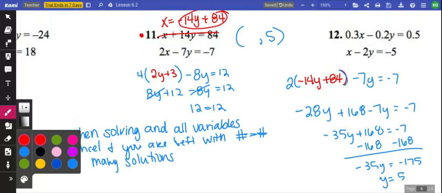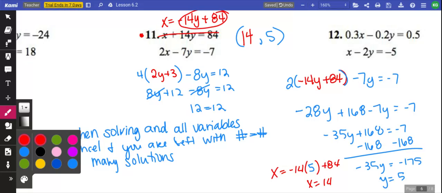So I had x equals negative 14 times y, but instead of y, I'm going to put 5 in there, plus 84. So negative 14 times 5 plus 84 gives me 14.